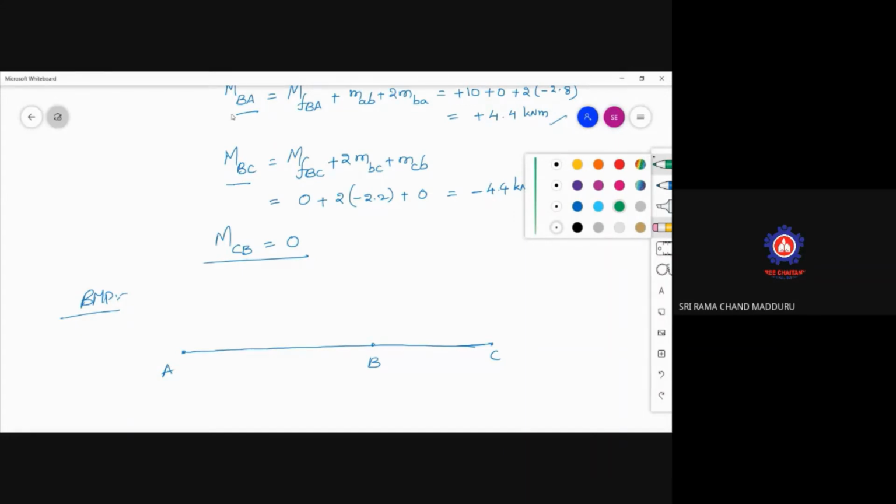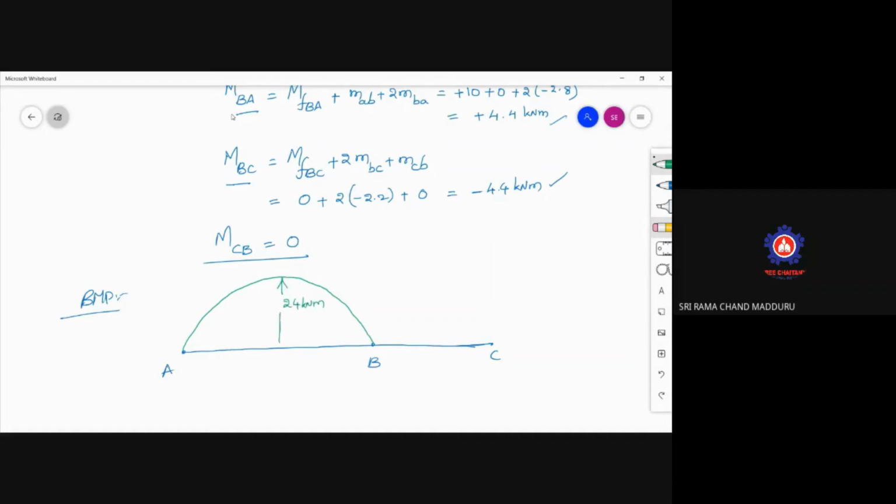WL square by 8. So UDL W is acting, the value is 3. So 3 into 8 square by 8, which is 24. So this value is 24 kilonewton meter positive bending moment.